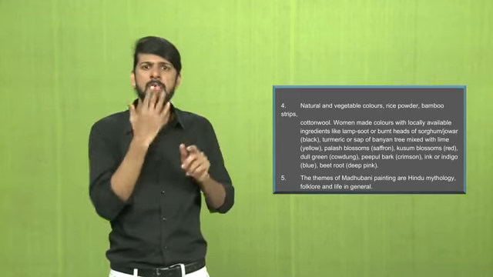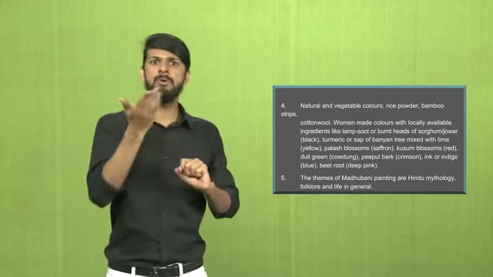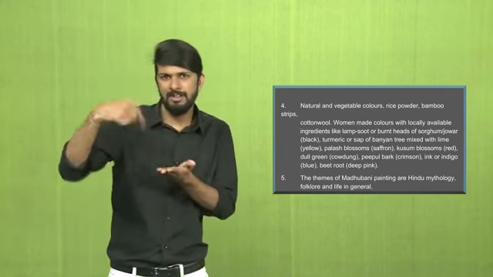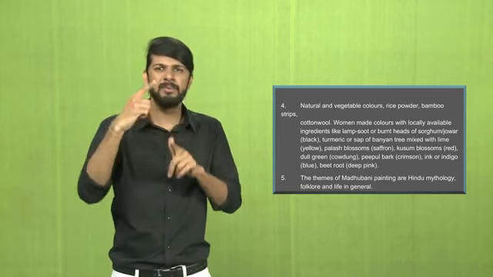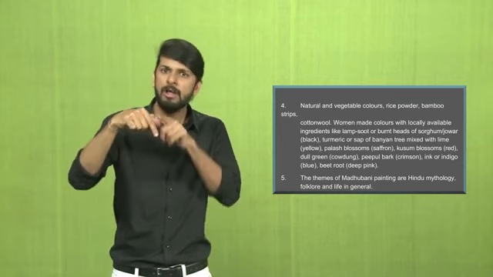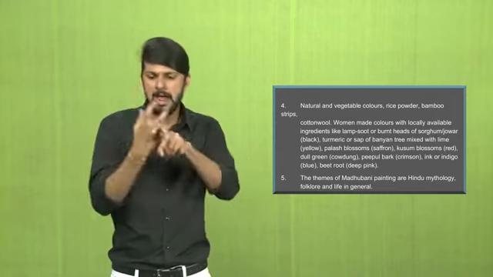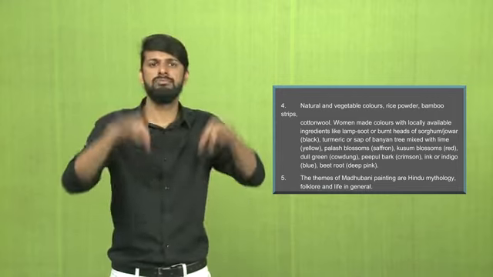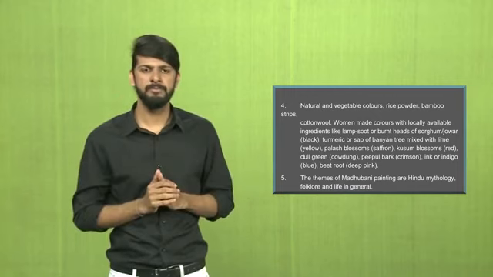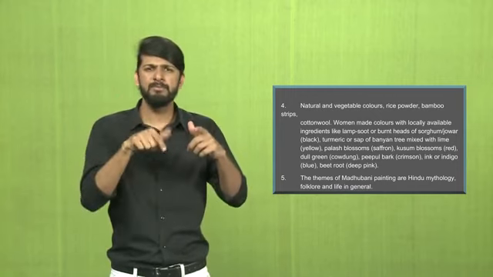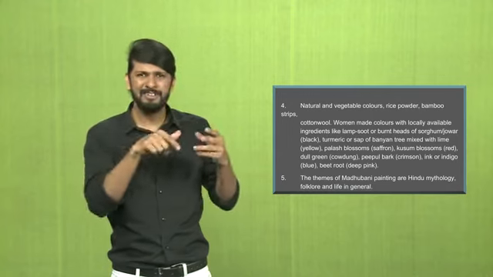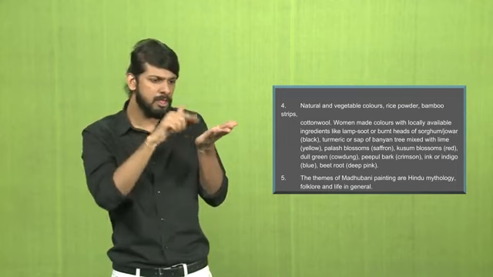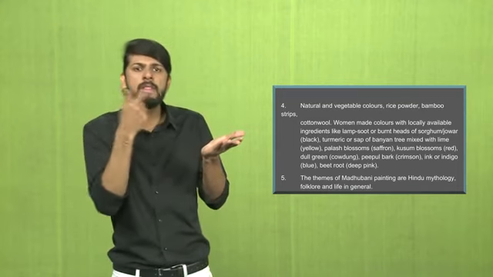The peepal bark is used to get crimson with strong red color. Ink or indigo is used to get the blue color. And beetroot is used to get a deep pink color.